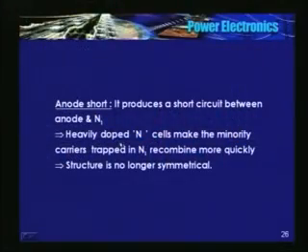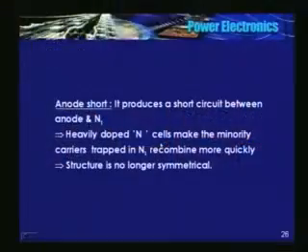How does it do that? See, those anode shorting N layers are highly doped. They were all N plus. So this heavily doped N cells make the minority carriers trapped in N1 recombine more quickly.